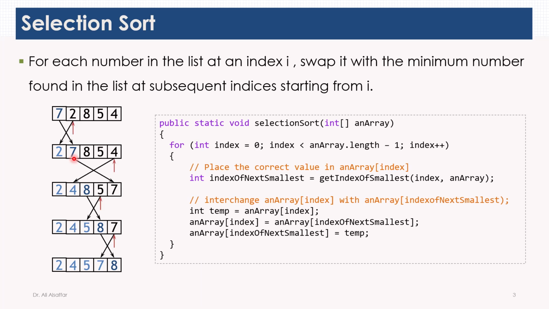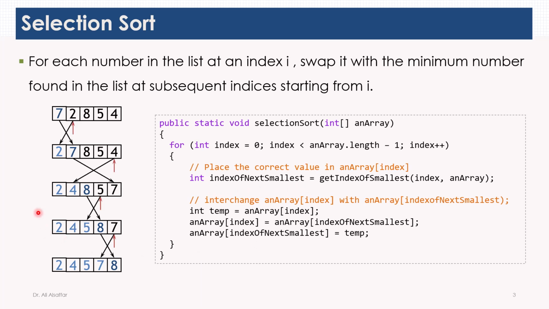And where is the smallest integer? The smallest integer is 4. What is its index? Its index is 4. So this 4 will be the returned value and will be saved into indexOfNextSmallest. Once we return from this method, the interchange will be between index 1 and index 4, which is the index of the next smallest integer.